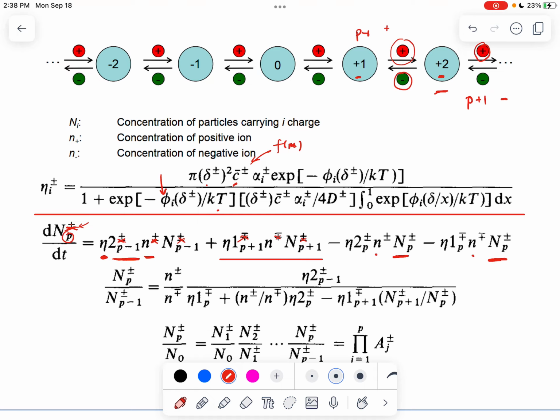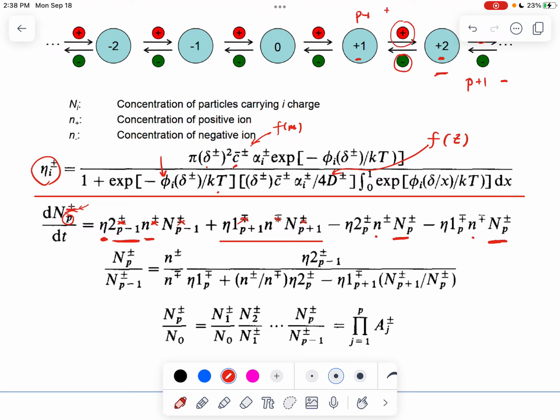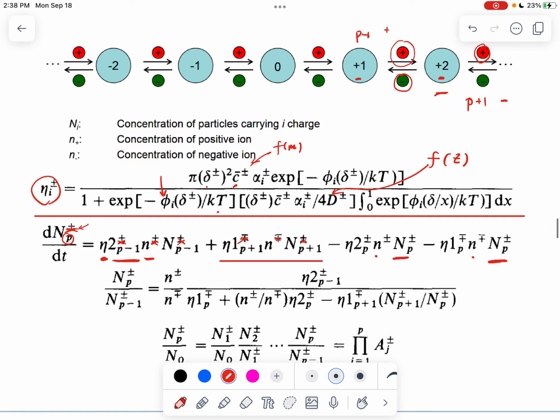And alpha is some value related to the ion and particle properties. And then here you also have the diffusion coefficient, which is a function of the mobility of the particles. Okay, so basically, this is how we can determine the ion particle combination coefficient, and we can further use that to calculate how the concentration of particles with different numbers of charges is going to change.